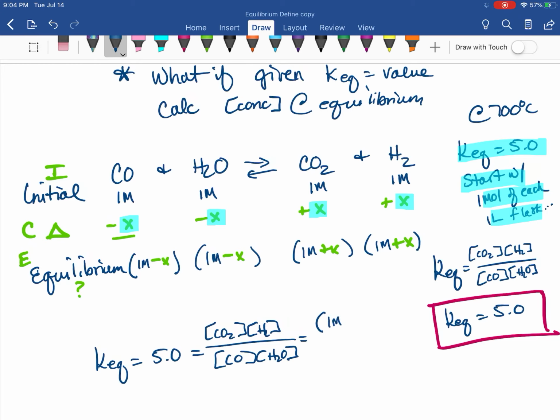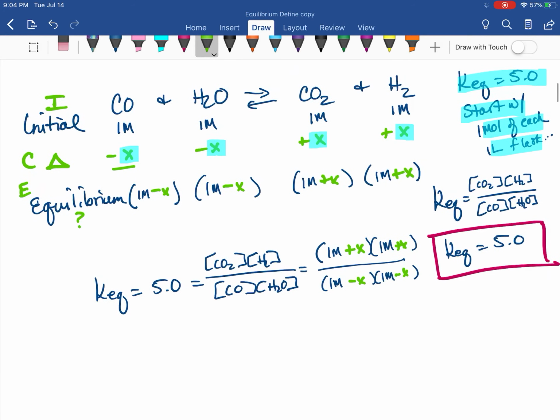Okay, so that means that it is our 1 molar plus X, 1 molar plus X, over 1 molar minus X. Oh, that's sloppy, huh?